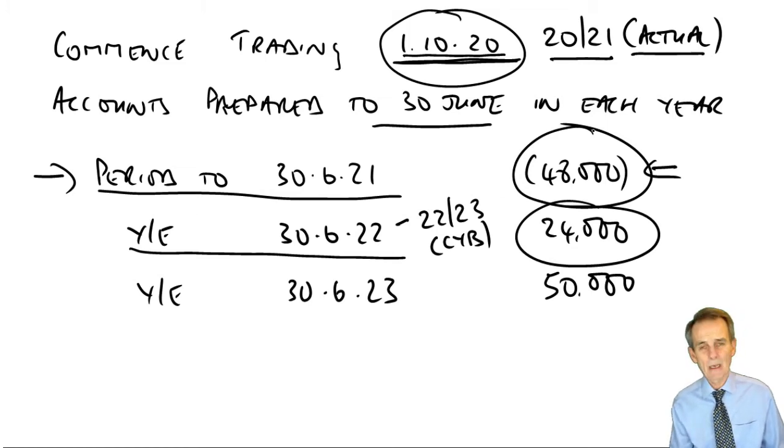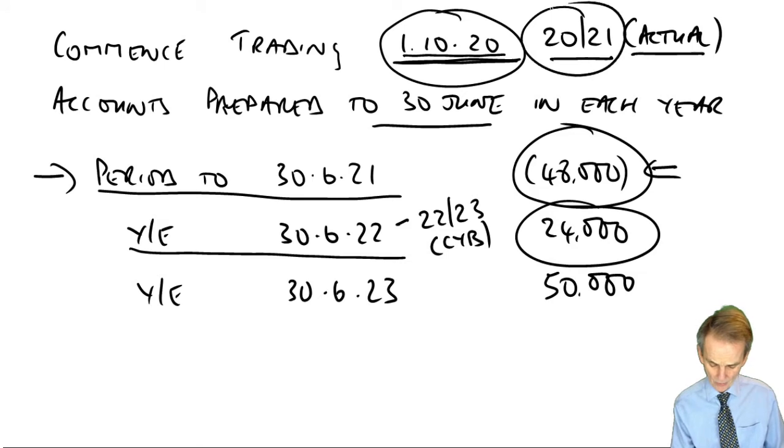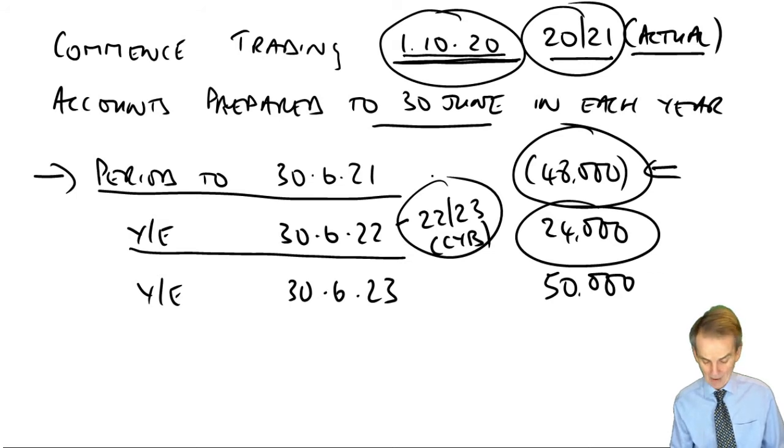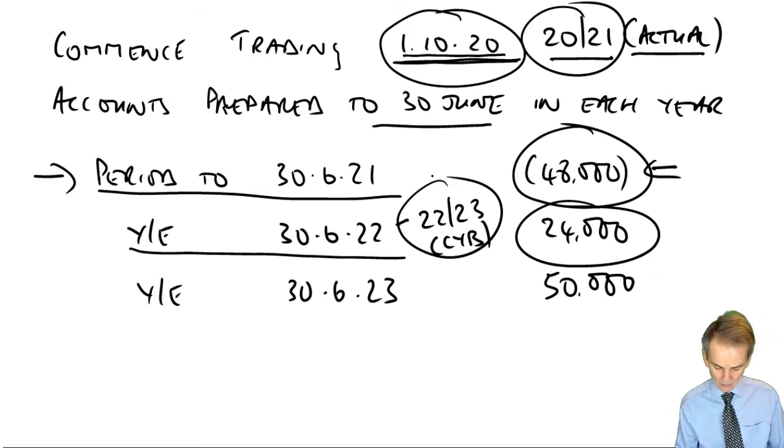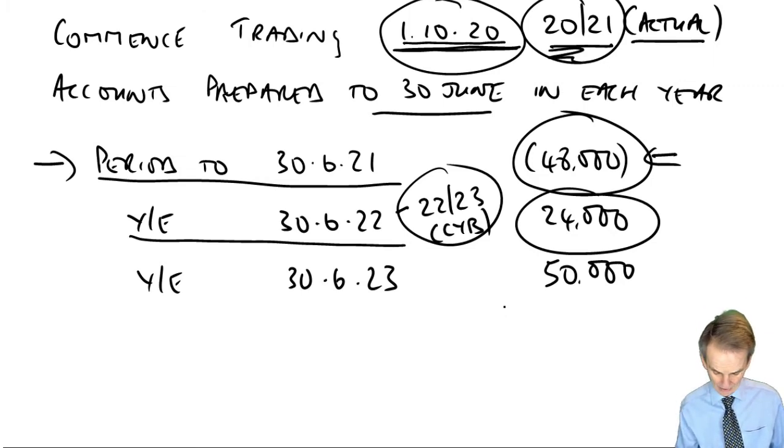It means we know what to do in 2021 and in 22-23, the second tax year. The missing year here, 21-22, is always the tricky one. We will work to that in a moment's time, but let's first deal with our starting point, the 2021 tax year.